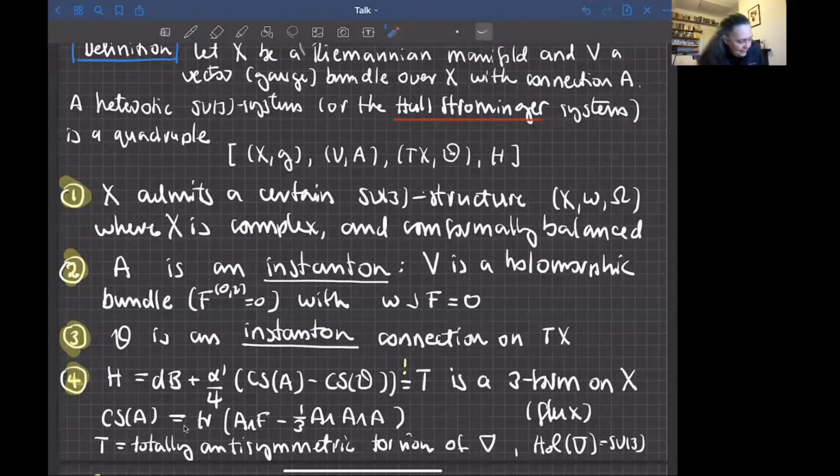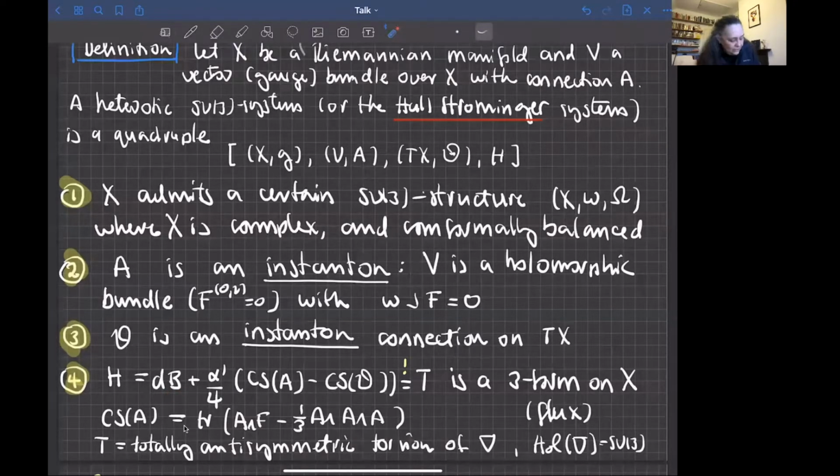And this B here is the famous B field that some of you might be familiar with in type 2 theories. In type 2 theories, the B field is a 2-form. In heterotic compactifications, this is not a 2-form. It has two indices, and they are antisymmetric, but it's not a 2-form because it transforms under gauge transformations.